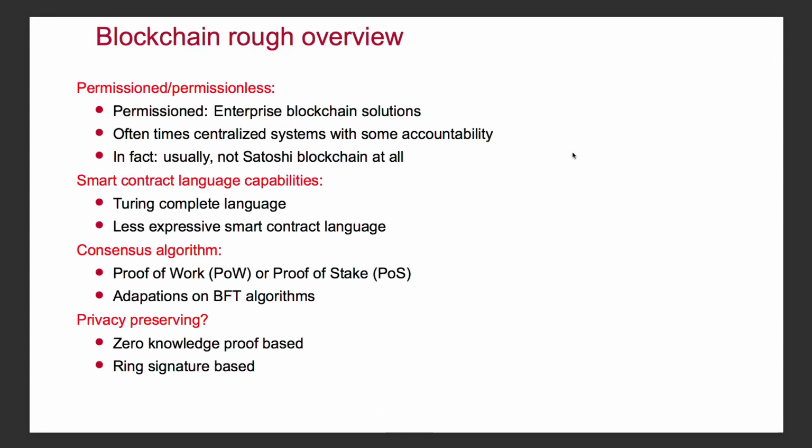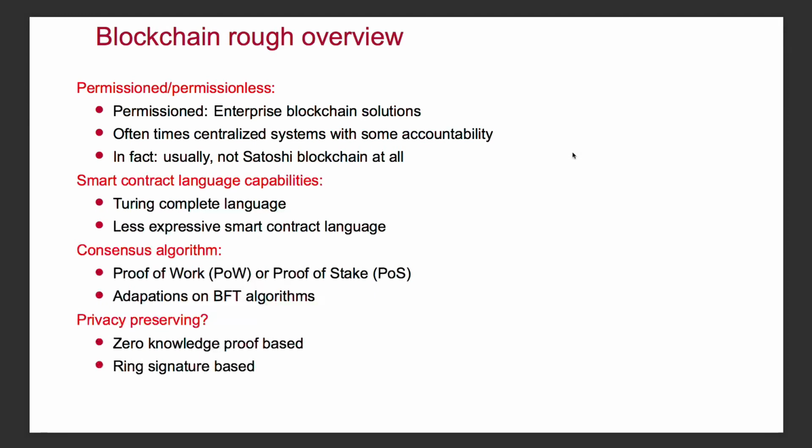If we look at what's happening in this area, there are a lot of implementations, but we could come up with some criteria to differentiate them. If we take a random blockchain project out there, at least some features let us discern what it is about. It could be a permissioned or permissionless blockchain.